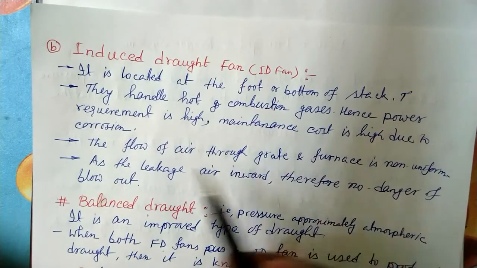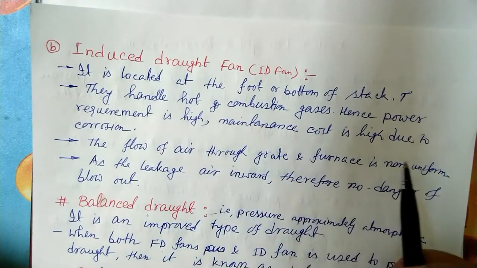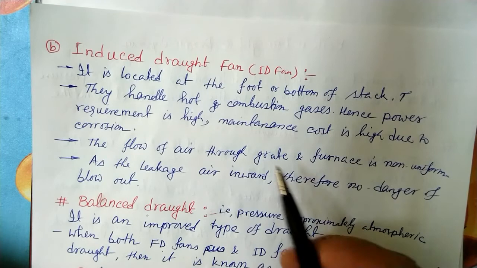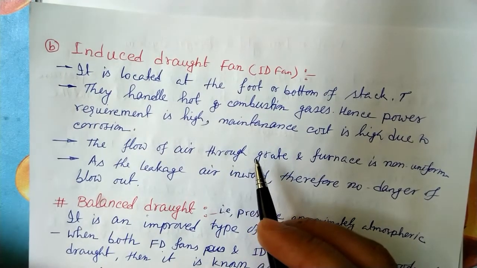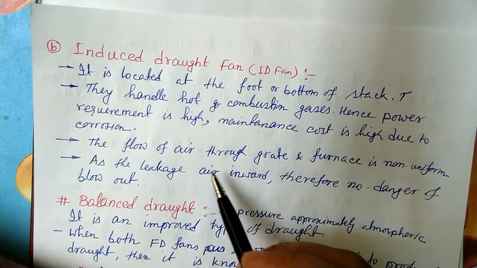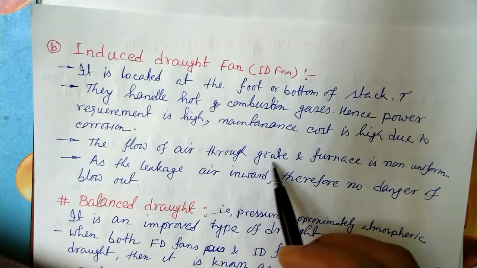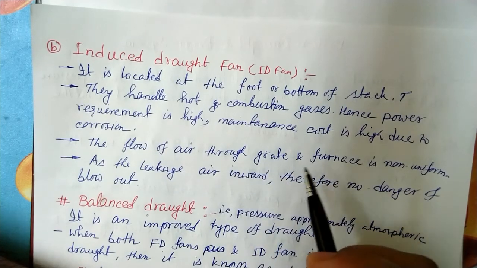And the flow of air through the grate and furnace is non-uniform. As we know, induced means it is sucking the combustion gases, so when the air flows through the grate or furnace, it is not uniform.